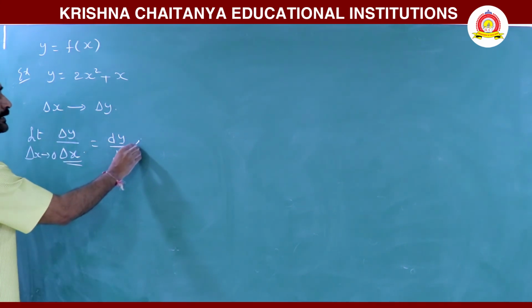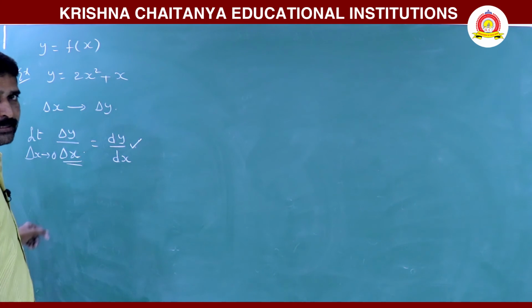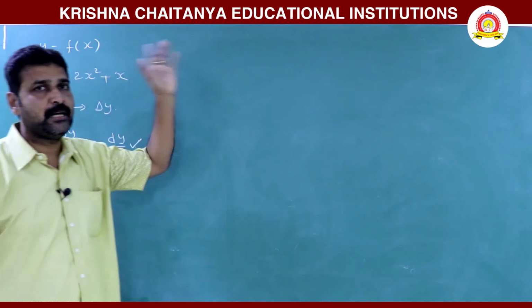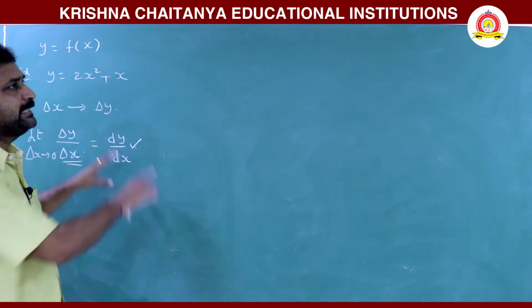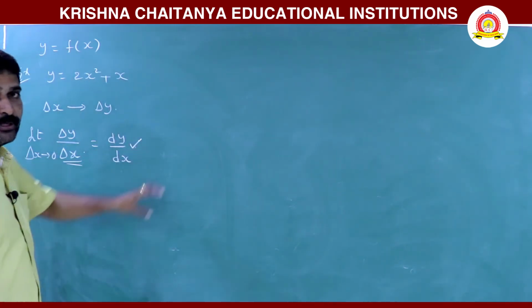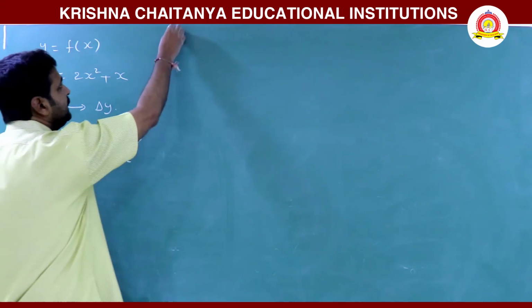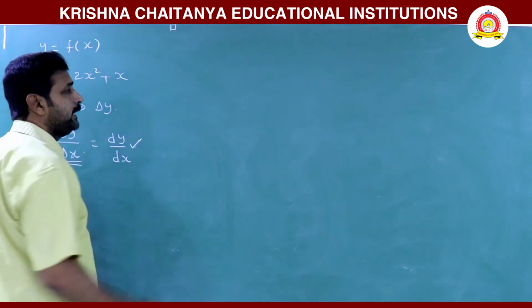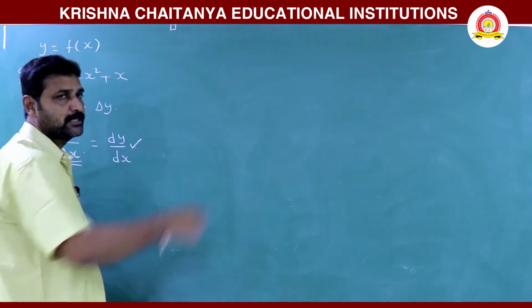Differentiation is used when you want to get small values from larger ones. For example, if this is the board, it has a large area, the length is more and the width is also more. From this large area, if you want to find any small area, then this board is to be divided into many parts.